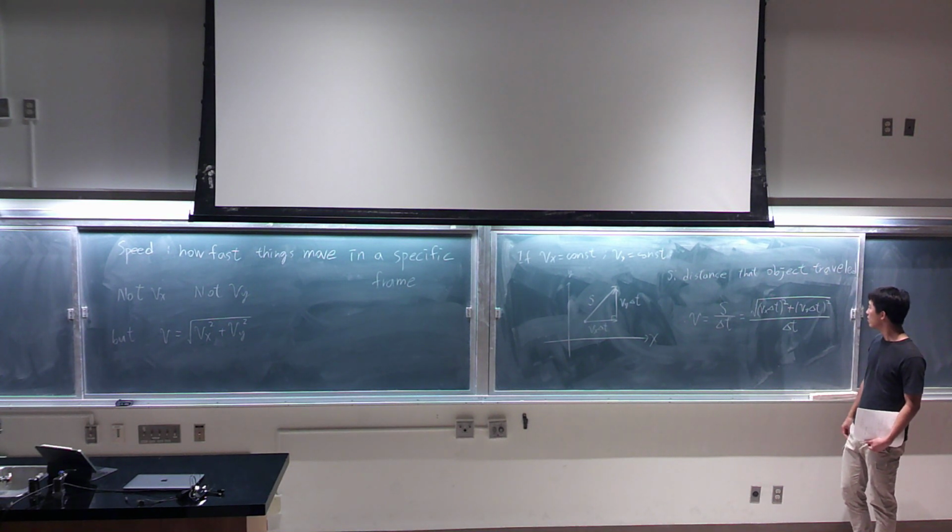Now, when you have delta t in the denominator and you move it inside the square root, a t in the denominator is equal to t squared inside the square root. Does that make sense? Let me do it slower.